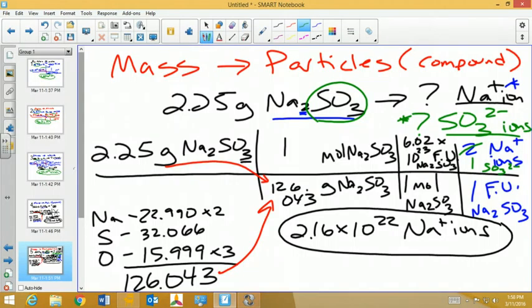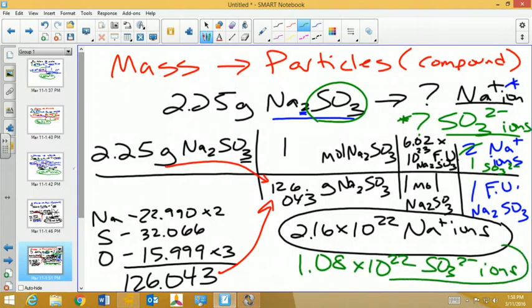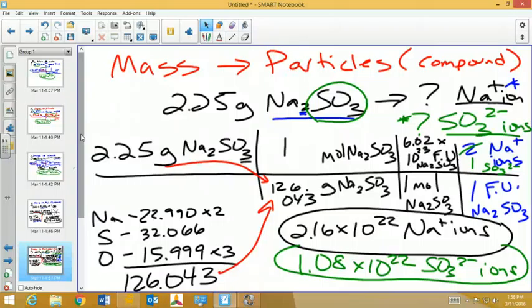And because I only have 1 of those, the number simply gets halved. It will be 1.08 times 10 to the 22 SO3 2 minus ions. And that, my friends, is how you will translate from mass of a compound to particles of a compound.